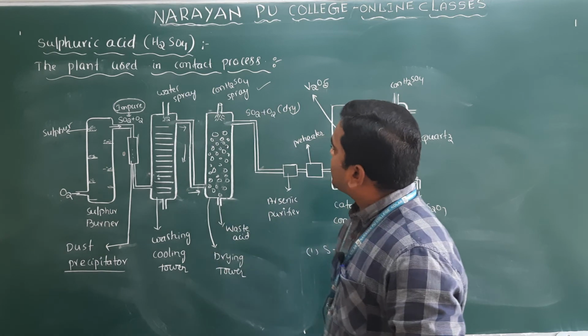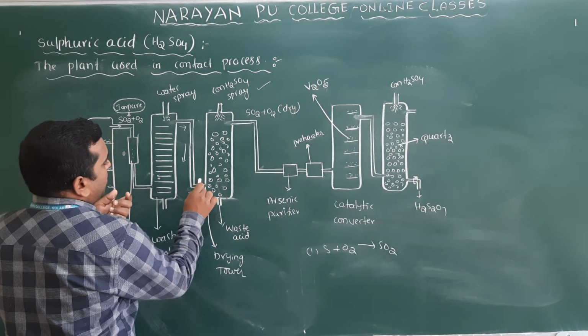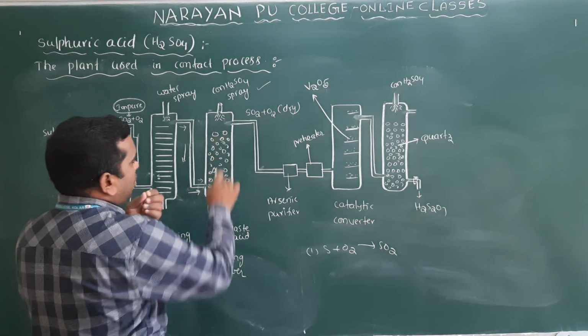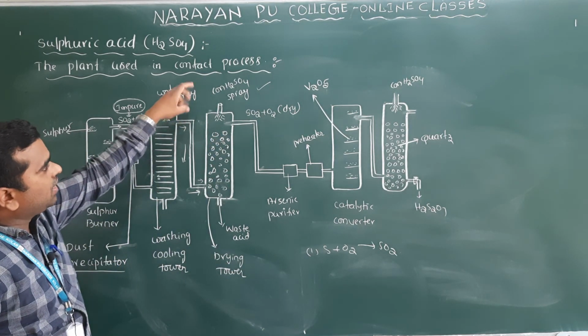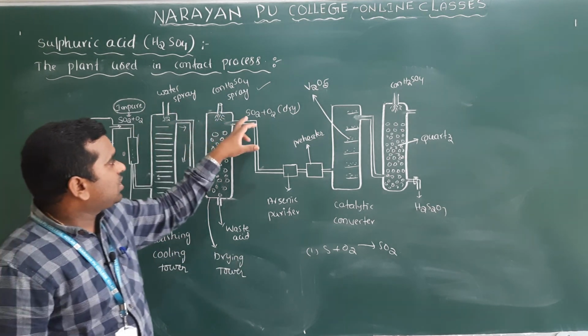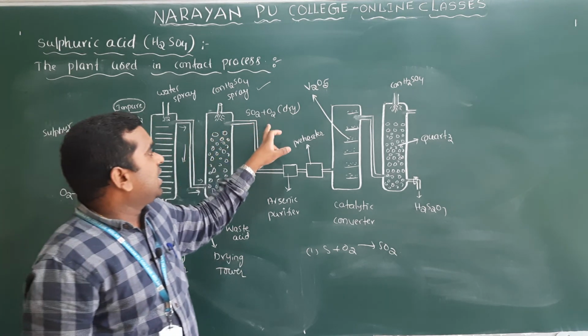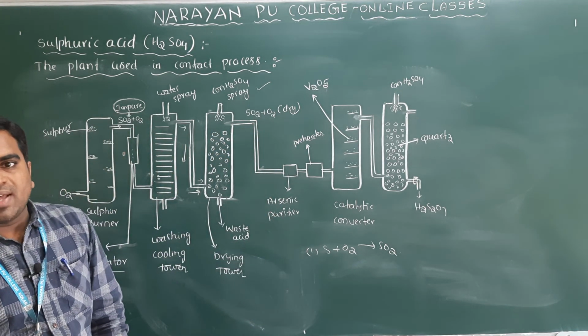That is concentrated H2SO4. When these gases come from the bottom to the top, we spray the concentrated H2SO4. It acts as a dehydrating agent. So the wet SO2 and O2 become dry SO2 plus O2.